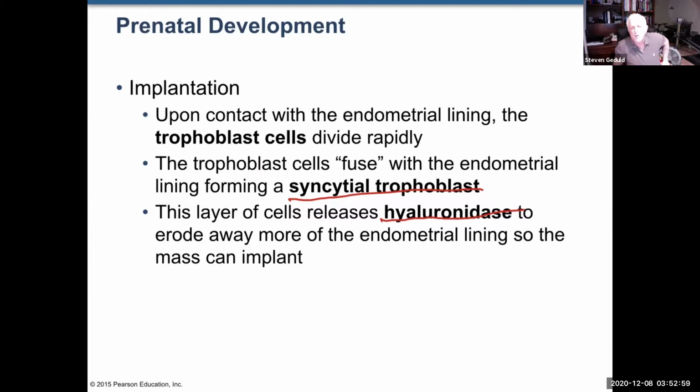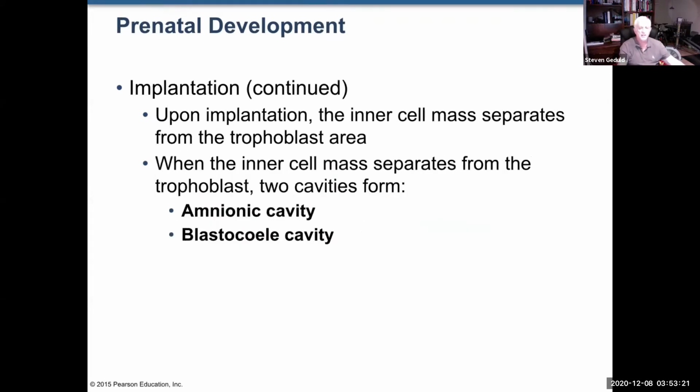Hyaluronic acid is used for the sperm to penetrate the corona radiata of the egg and cause fertilization. It's also released by the trophoblast layer to eat away some of the endometrial lining so the egg can implant more successfully. So 2 uses for hyaluronic acid.